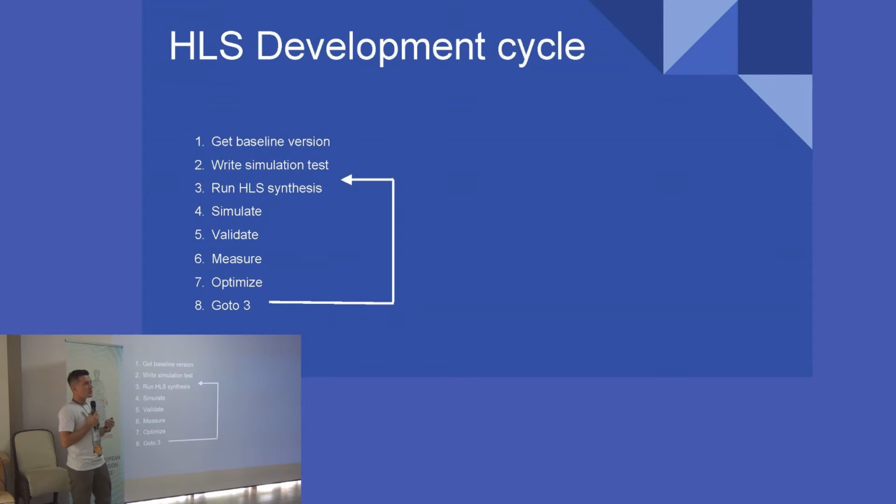And usually when we do such HLS compiling, we start with a baseline version. We also have a simulation test that verifies the correctness of our implementation. Then we do synthesis and simulation, which runs the simulated FPGA on a CPU.